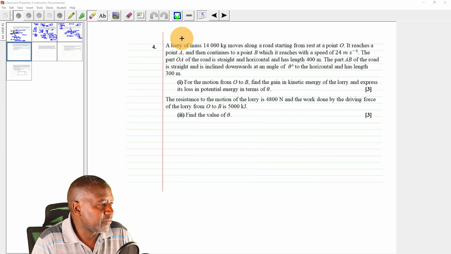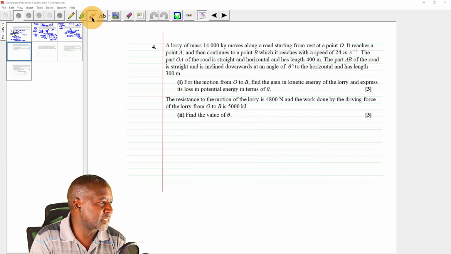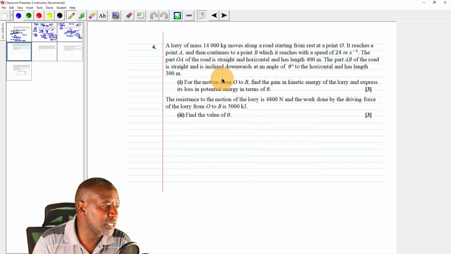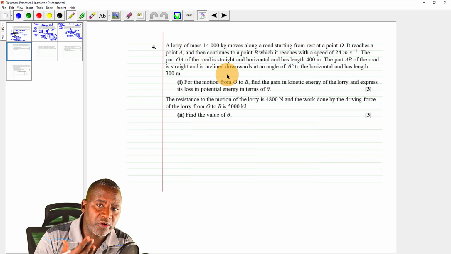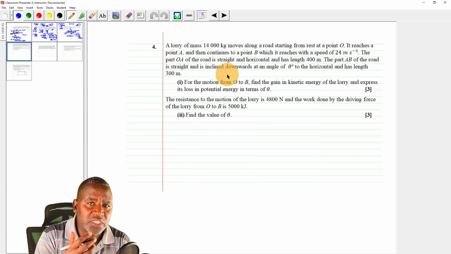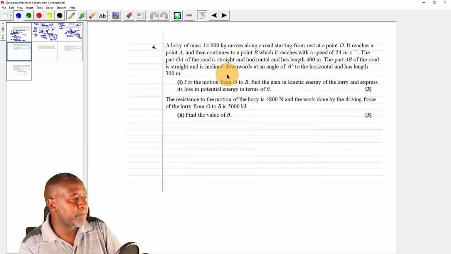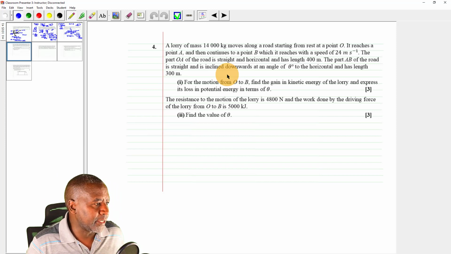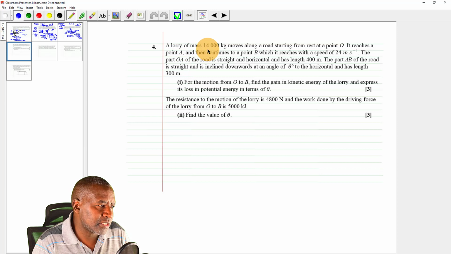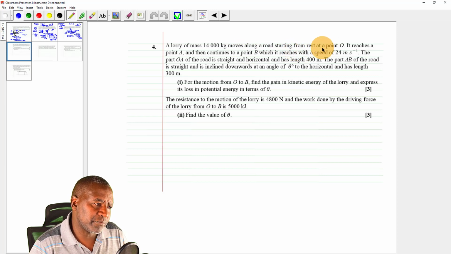Now question number 4 is quite lengthy, but not to worry. Let's go through it together and see what we can make of it. We understand the question, and then we see what concepts we are supposed to use. And let's read it together. A lorry of mass 14,000 kg moves along a road starting from rest.